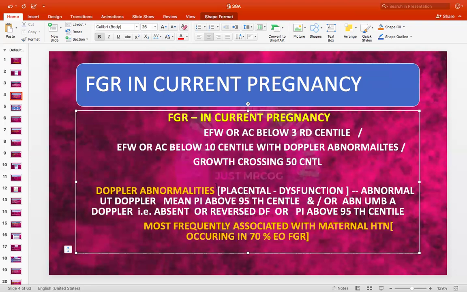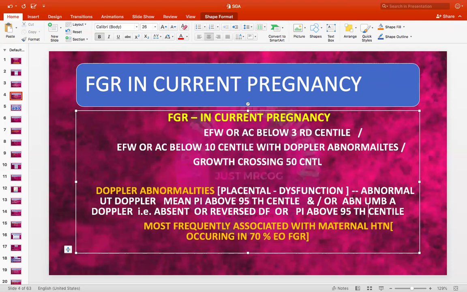In Doppler abnormality, which normally indicates placental dysfunction, there could be two types of abnormalities: either abnormal uterine artery or abnormal umbilical artery Doppler. In abnormal uterine, the PI above 95th centile, same for umbilical, PI above 95th centile.